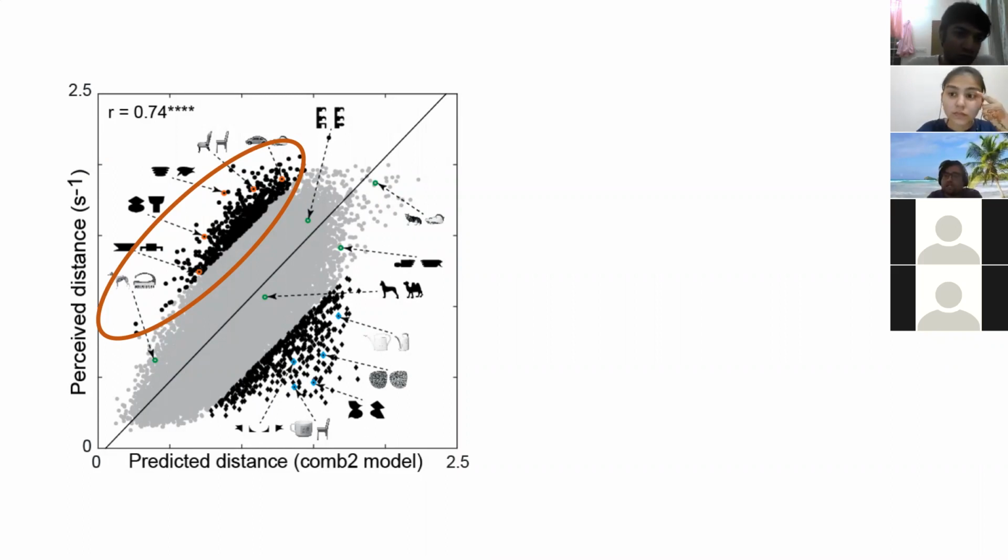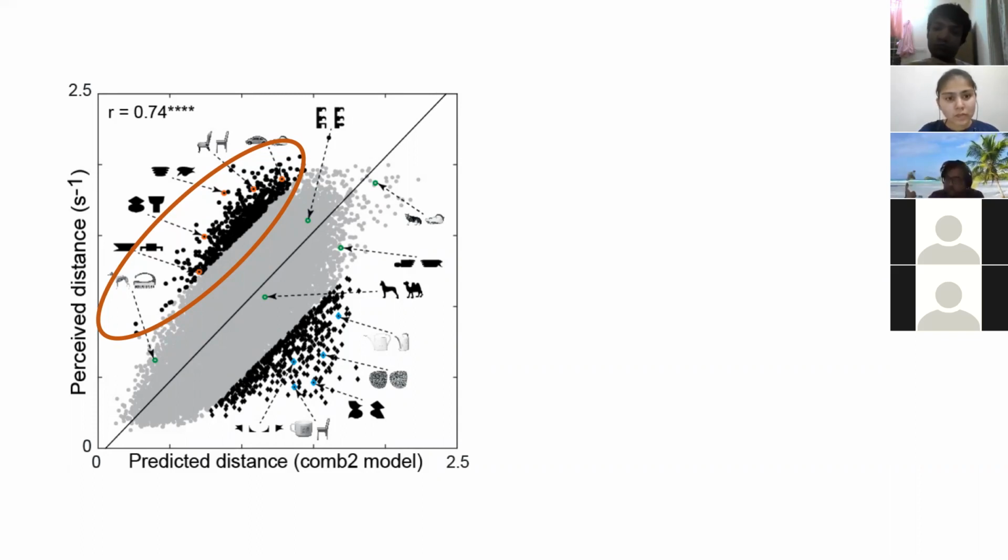And on the y-axis, we have perceived dissimilarity measured on humans for all 26,000 and odd pairs of objects here, right? And I've highlighted a bunch of objects on the top left-hand side in the plot. These are all the image pairs for which the perceived distance is greater than the predicted distance. So these pairs of objects are more dissimilar in human perception compared to this combined model's predictions, right?